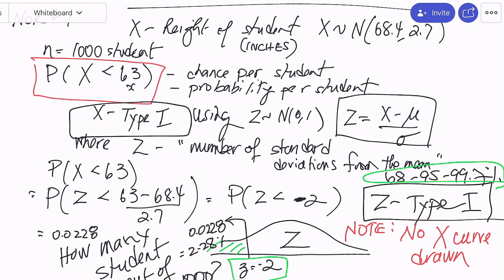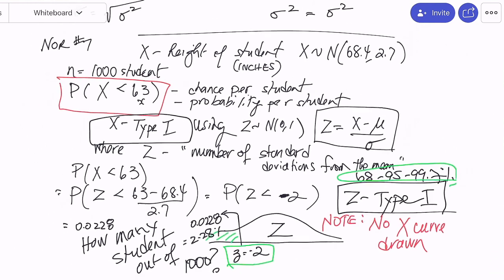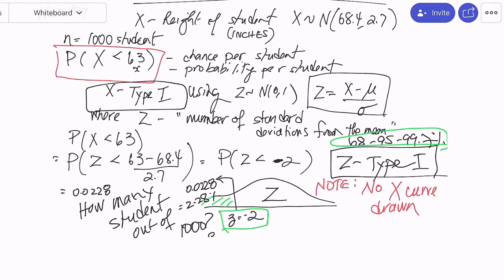So how do I finish? How do I get the right answer? So this is 0.0228 per student, or put this over 3 decimal places, right?